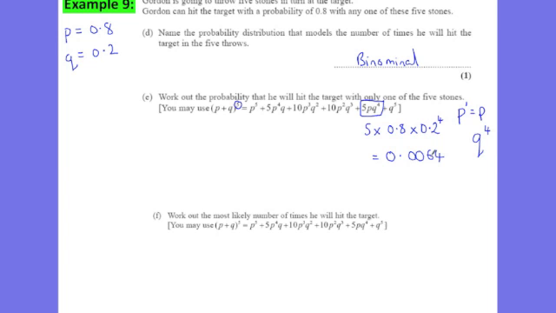We're then asked to work out the most likely number of times he will hit the target. So once again, we're going to use the same binomial distribution. So what's the most likely? Well, we've already worked out the probability for hitting the target once. Let's work out the probability of hitting the target twice. Hitting the target twice is P squared. So here we are looking at this part.